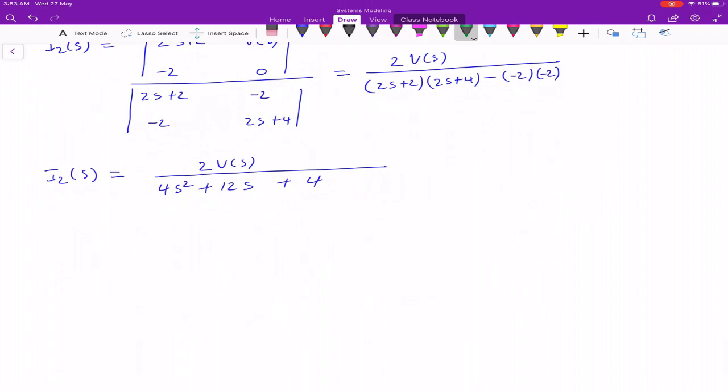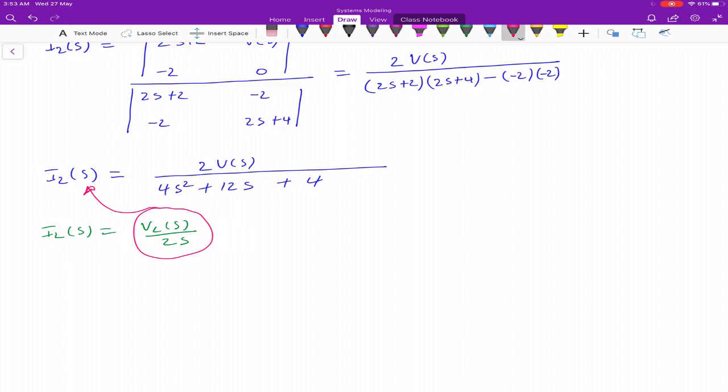Okay, so knowing now that I2 of S is equal to VL of S over 2S, we are going to use this information to write it in terms of that.